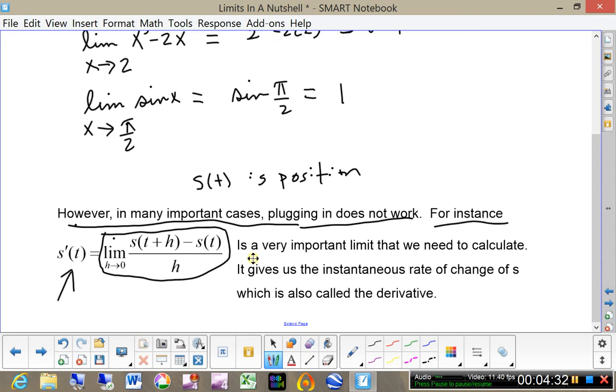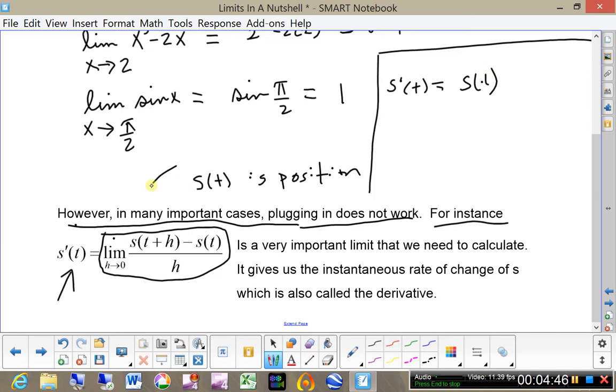If you plug in, we get s prime of t equals s of t. That's what you get when you plug in h equals 0.